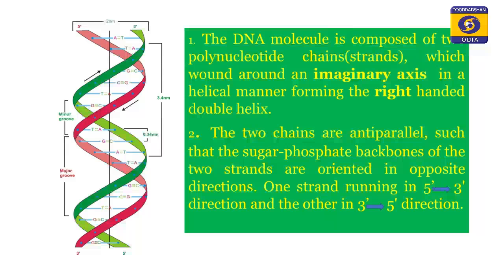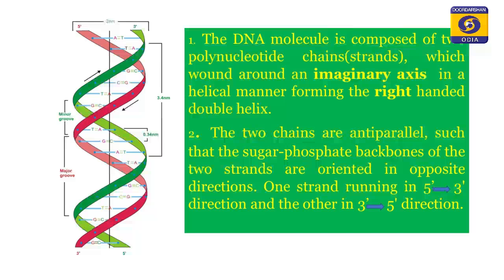The two chains are antiparallel. I will explain what antiparallel nature is through another diagram subsequently, but this antiparallel nature of the double helix is determined because of the orientation of sugars. The deoxyribose sugar in one strand, the orientation is in upward direction, in the other strand it is in downward direction.